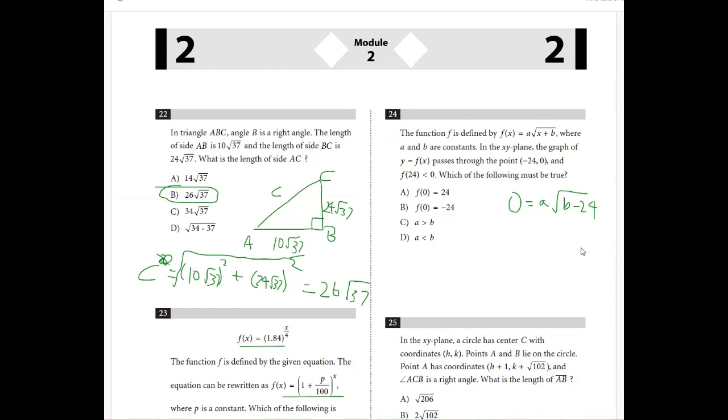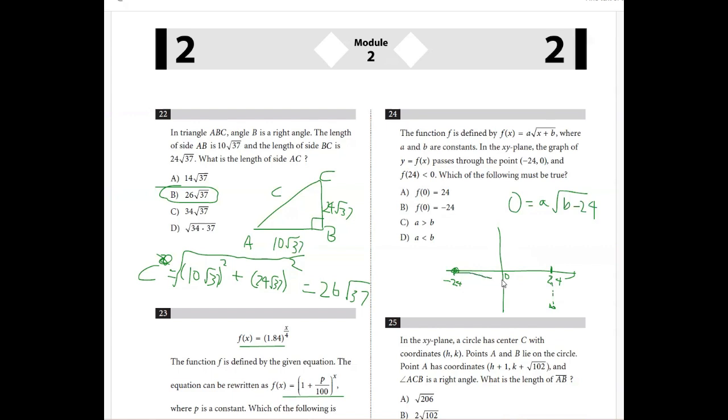So we could also draw this out. So minus 24, this is minus 24 comma 0. And for 24, f of 24 is in the negative y-axis.